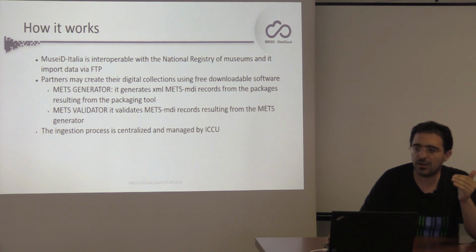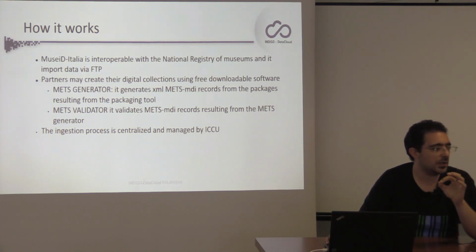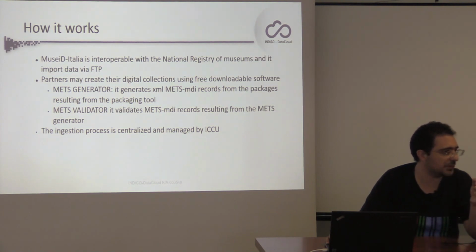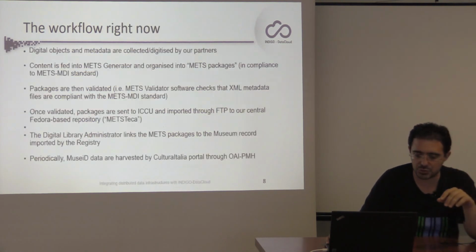And the validator validates actually that the XML output from the generator is correct. There are some standards to be followed, also like the UTF-8 codification for language and stuff like this. So it's just a formal passage.